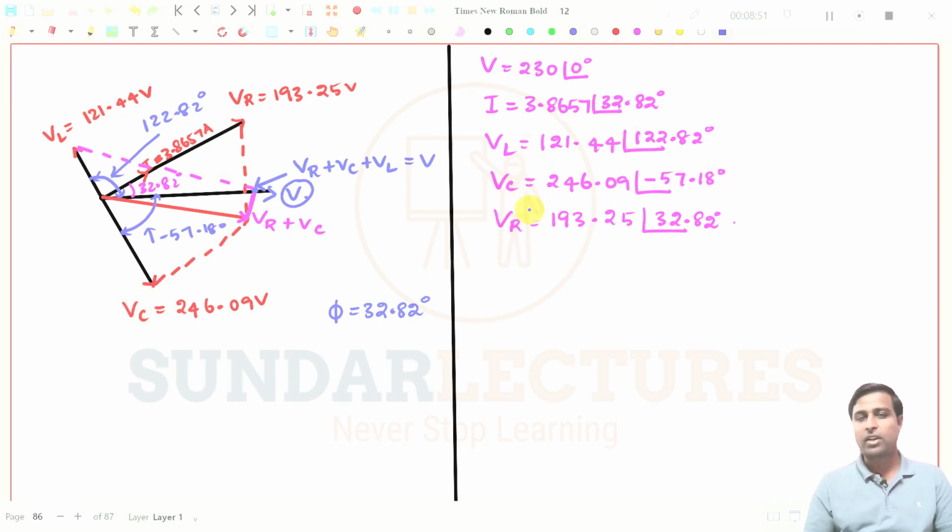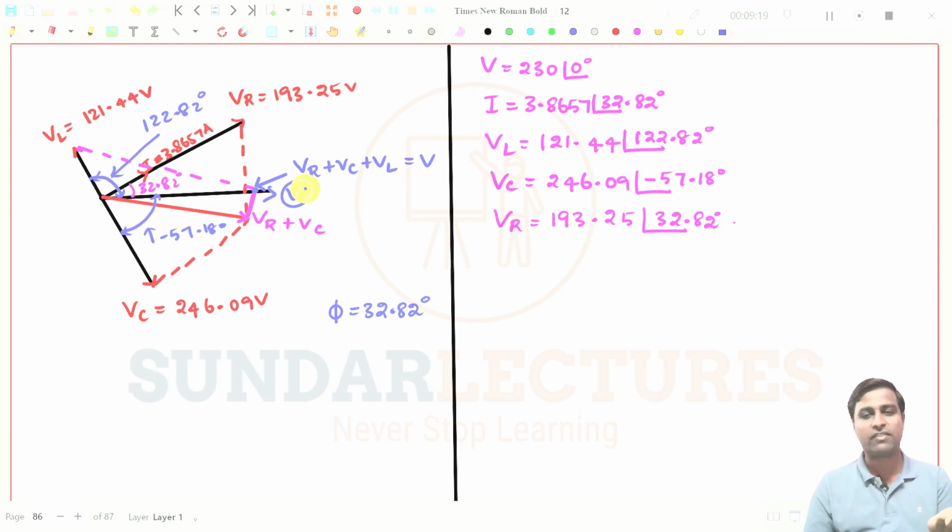If you find the VL, VC and VR, then you can go for the phasor diagram. Try to draw the I phasor first, and the I phasor should be in phase with the VR. See, the angle of I will be 32.82 degree, and also VR will be 32.82 degree. If you draw that with respect to 0 degree, I am not just writing it as V. I have not told you this as the V phasor, but we know that one.